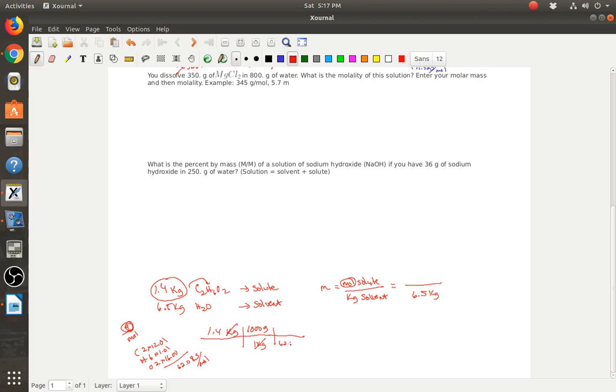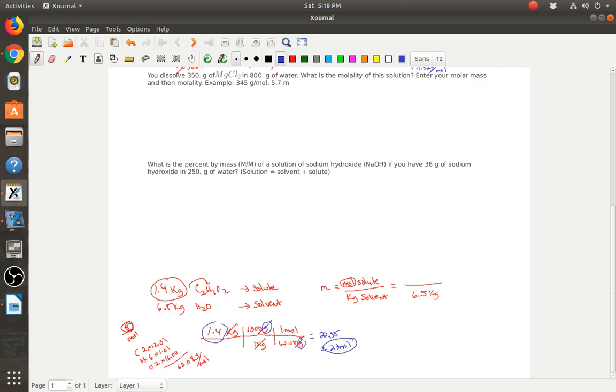So 62.08 grams in every 1 mole. I had to get it to grams, so the grams on top and the bottom cancel. We already had the kilograms cancel. So when I multiply 1.4 times 1,000 divided by 62.08, I get 22.55, but only 2 sig figs, so 23 moles, which is part of the answers for this.